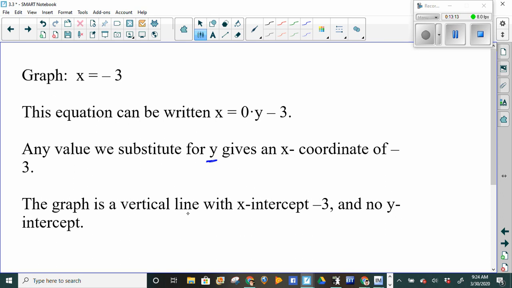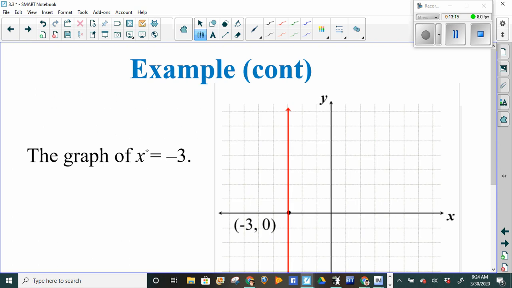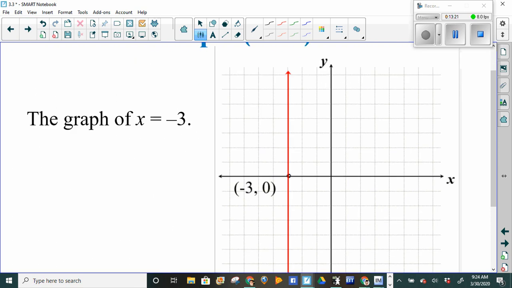And then the graph will be a vertical line, always, with no y-intercepts. So for example, if it says x equals any number, in this case -3, go to the x-axis and find -3 and draw a vertical line through it. So this is the equation, x equals -3. It's just that straightforward.